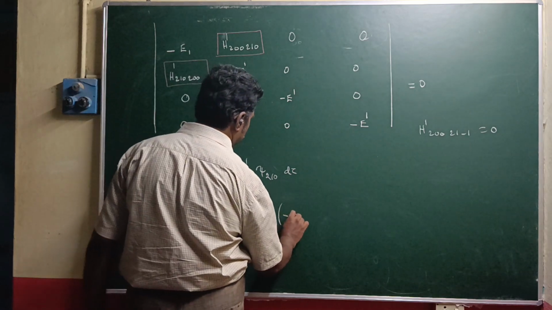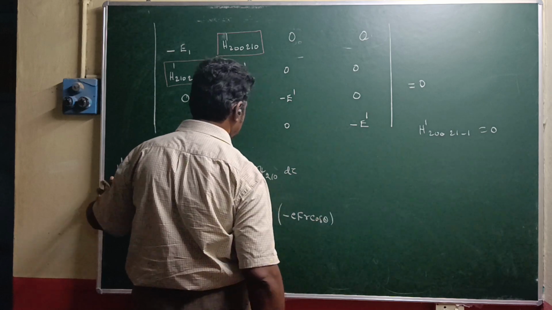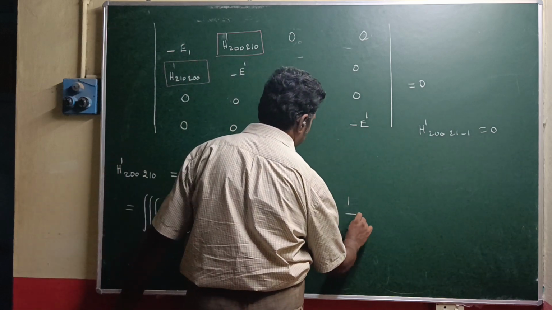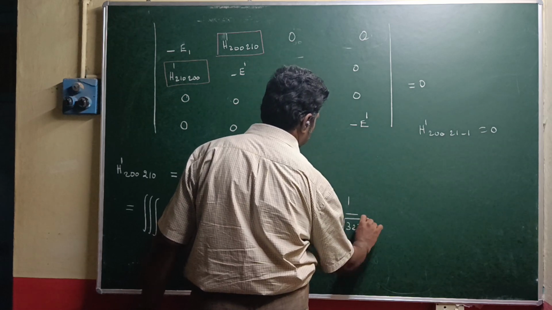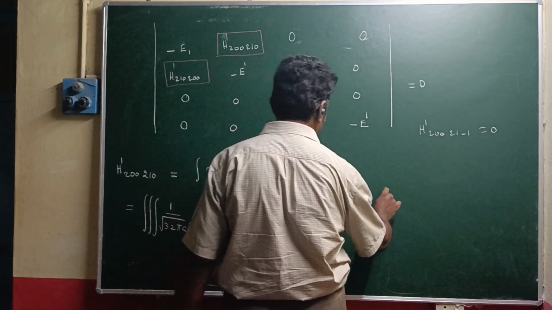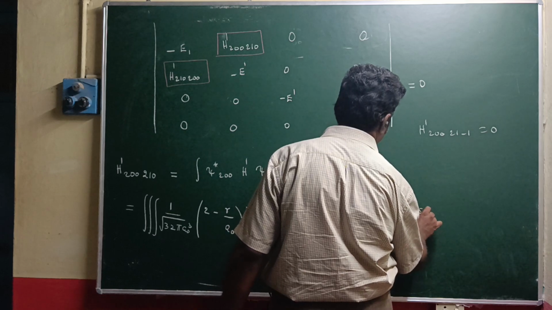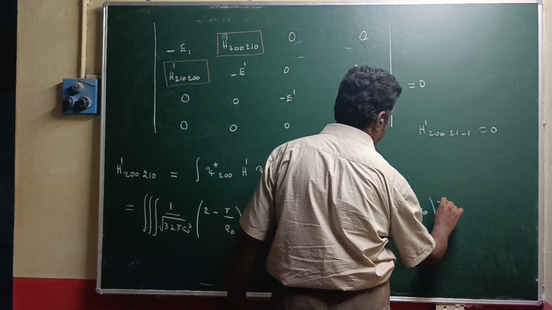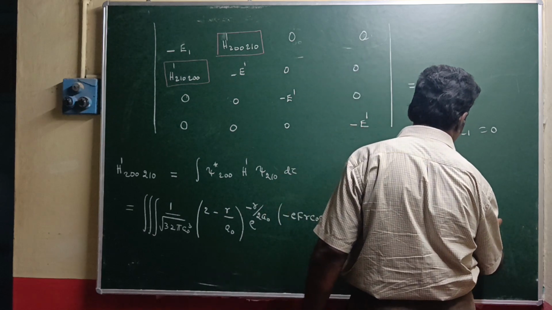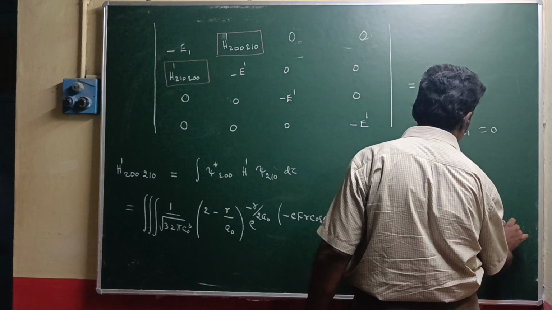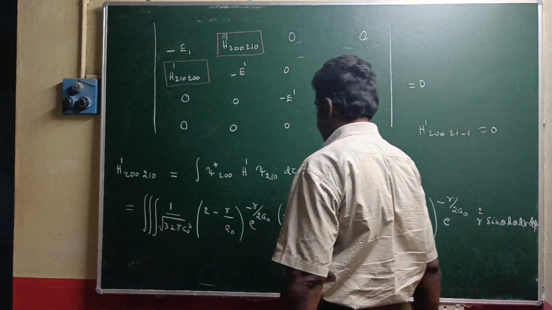Then H1 value minus e F r cos theta. Then psi 210 value is 1 divided by root of 32 pi a0 cube, r by a0 into cos theta, e power minus r divided by 2a0, into volume element r square sin theta d theta dr d phi.